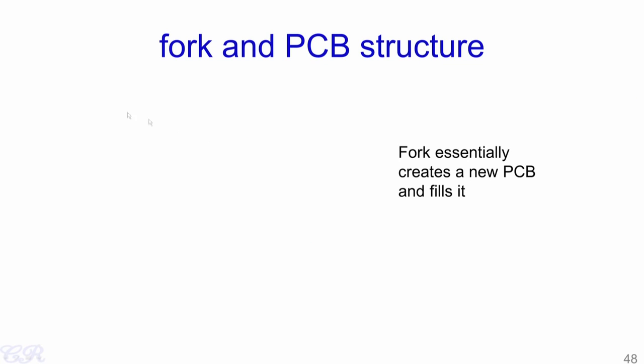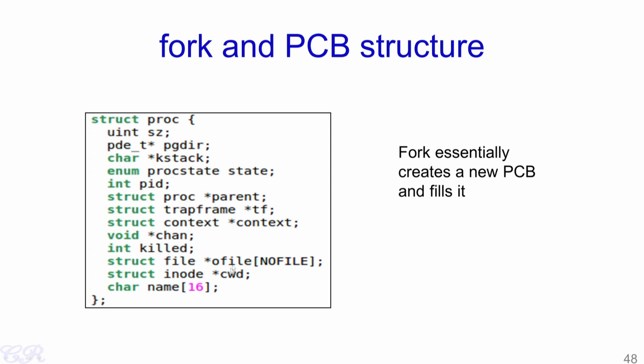Inside the operating system, fork essentially creates a new process control block and fills it. Recollect that in xv6, the process control block or PCB is defined by a struct proc as shown over here. So, essentially what fork does is that it is going to fill up the various elements of the struct proc corresponding to the new child process created.